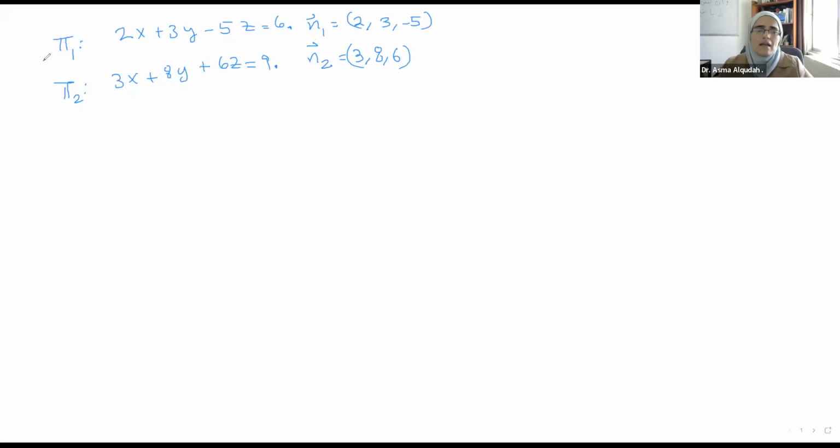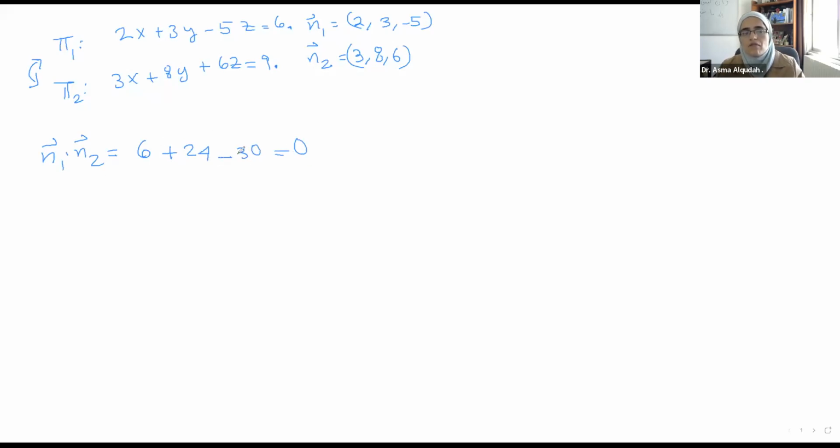Now, if we want to find the angle between these two planes, we can use the normals to find the angle between these planes. So let's use the dot product. n1 dotted with n2 is equal to what? 6 plus 24 minus 30, which is equal to 0.